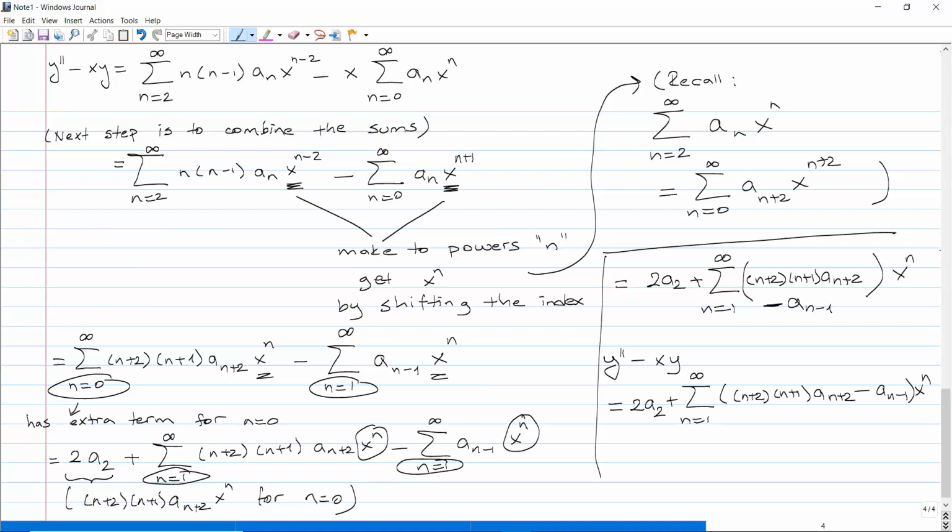And in the differential equation, remember, the left side is equal to the right side, which is 0. So now we have this sum equal to 0. Think about this sum as a polynomial. So for this polynomial to be 0, it means all the coefficients must be 0.